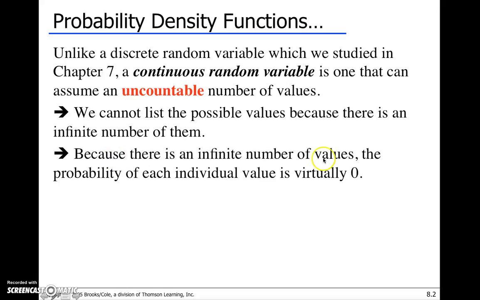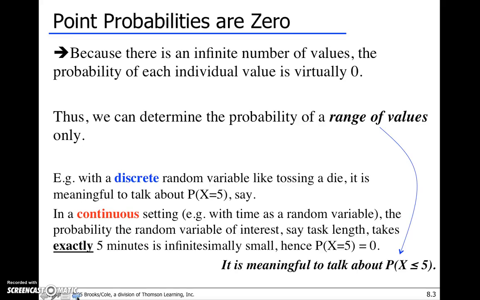Because there is an infinite number of values, the probability of each individual value is virtually zero. Point probabilities are zero. Thus, we can determine the probability of a range of values only.